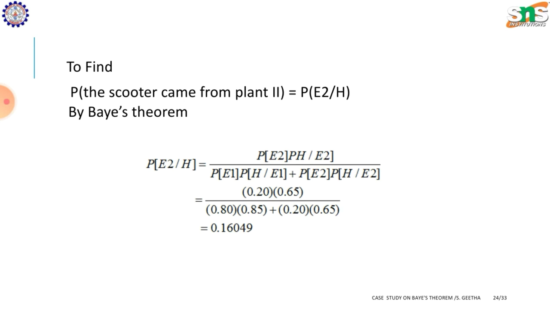P of E2 given H is equal to P of E2 into P of H given E2, whole divided by P of E1 into P of H given E1 plus P of E2 into P of H given E2, which is equal to 0.20 into 0.65, whole divided by 0.80 into 0.85 plus 0.20 into 0.65, which is equal to 0.16049.